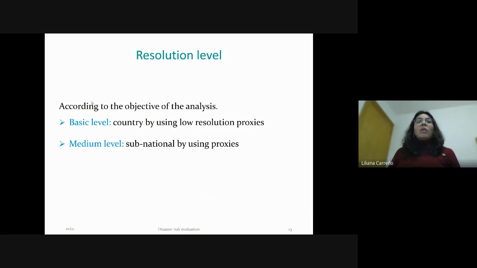I can use also a medium level resolution if we are at subnational level, also using proxies, also based on macroeconomic indicators or demographic information or infrastructure information. And finally, we have the detailed level of resolution used for urban areas when I have building by building information.